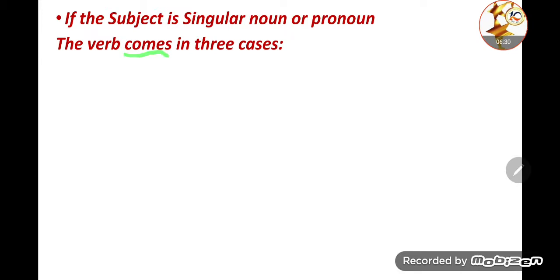Okay? The verb comes in 3 forms. So, when the subject is a singular noun or a pronoun, the verb comes in 3 cases, or 3 forms. We add 3 additions to the verb when the subject is singular.